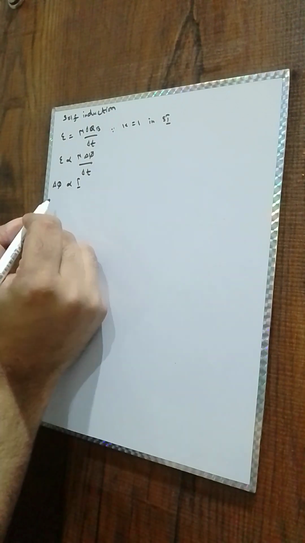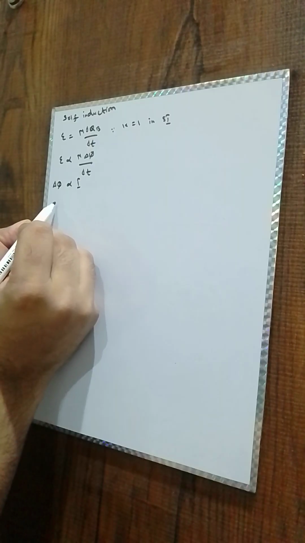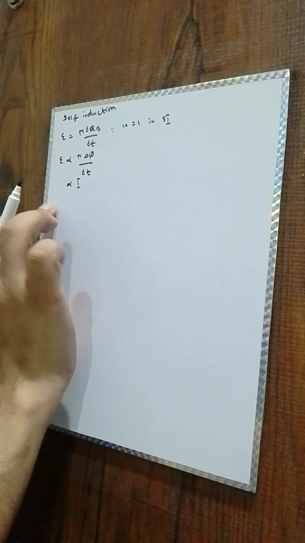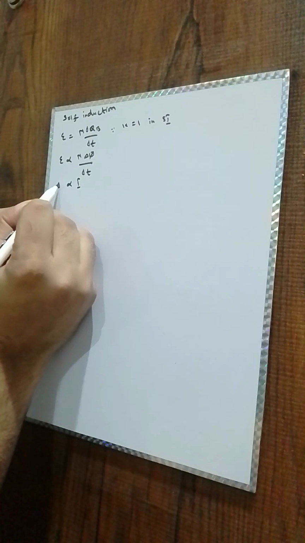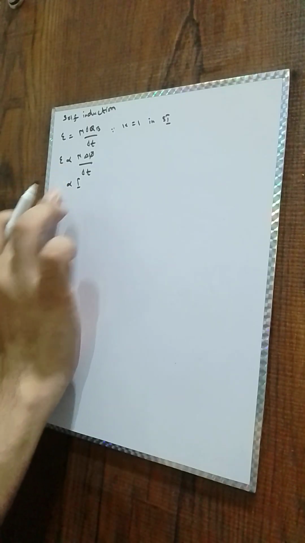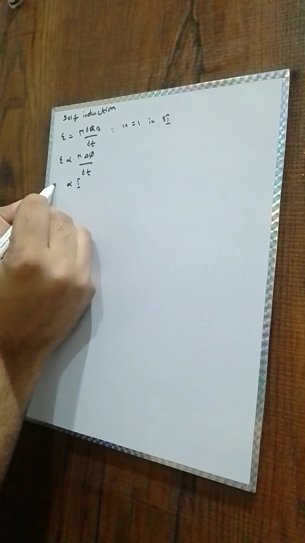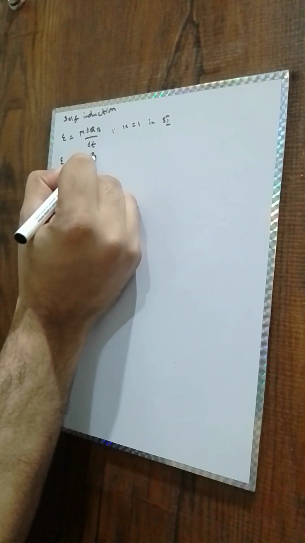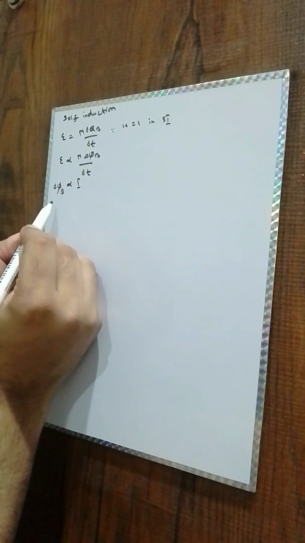So what I will do here is, for example, we have a situation which says phi is directly proportional to I. Delta phi, the change in magnetic flux, is directly proportional to the current.